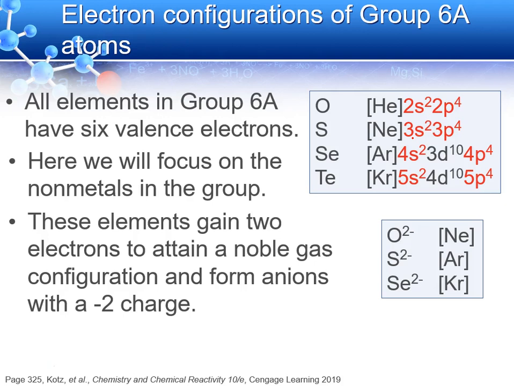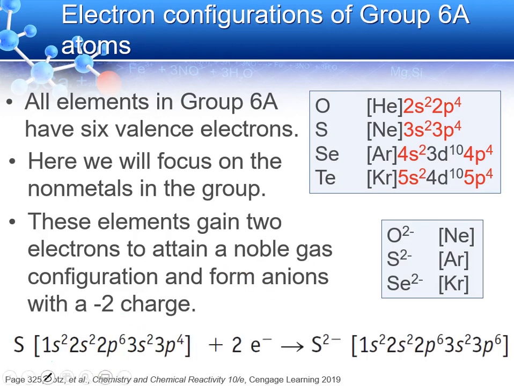It can gain 2 to form 3s2 3p6, which makes it look like argon. And the same thing with selenium. Let's ignore the d's because they're all full, but it can go from 4s2 4p4 to 4s2 4p6, and then that looks like krypton. So our group 6A atoms that have 6 valence electrons have gained 2 to attain the electron configuration of a noble gas.